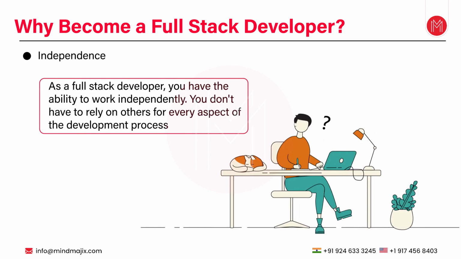As a full-stack developer, you have the ability to work independently. You don't have to rely on others for every aspect of the development process. You can handle tasks such as setting up databases, creating APIs, and implementing user interfaces all by yourself. This independence gives you more control and flexibility in your work.